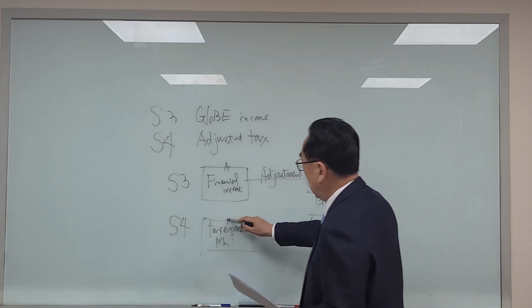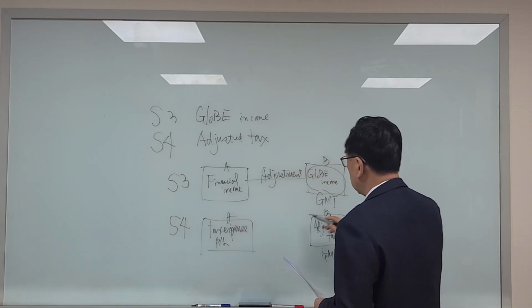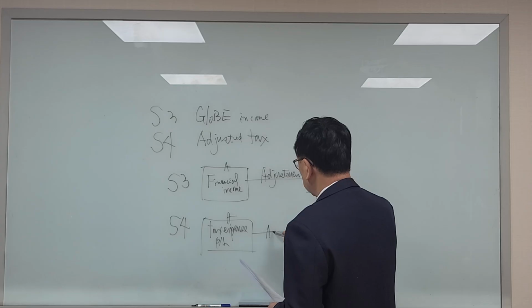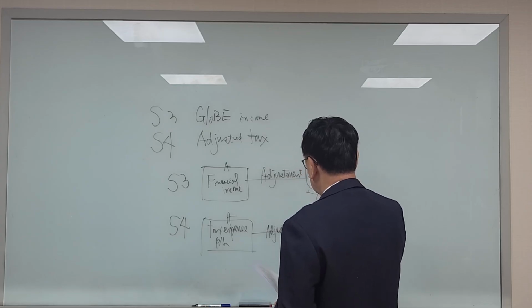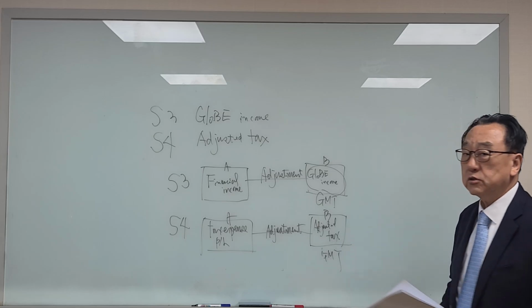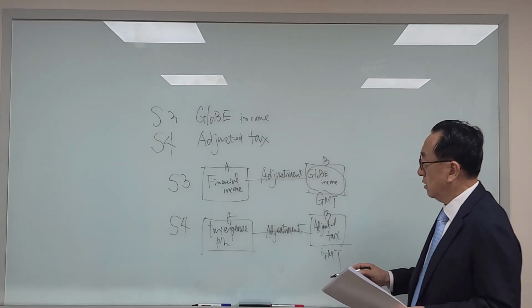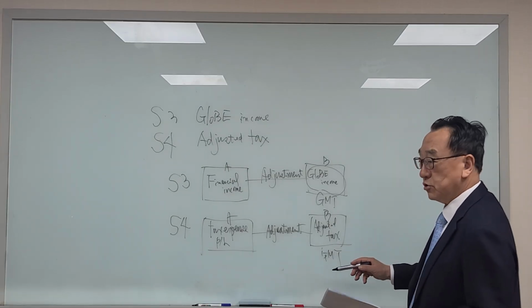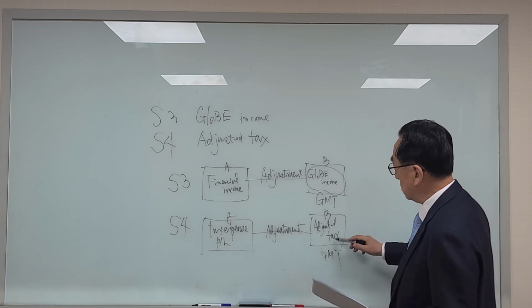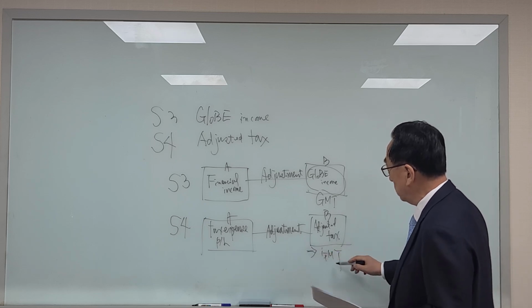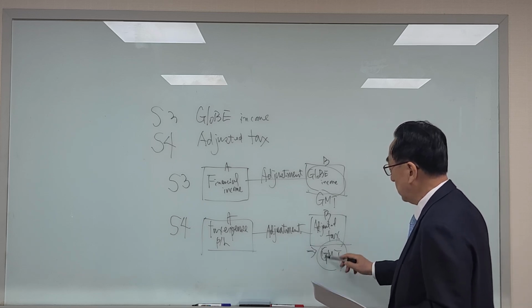So between A tax and B tax, there should be some adjustment. After doing the adjustment, the group should compute the adjusted tax, which will be used for computation of GMT, global minimum tax.